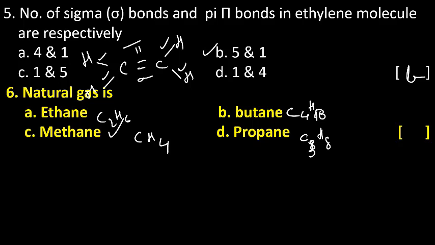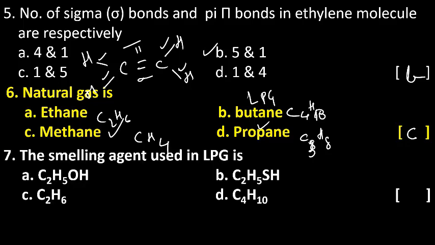So the correct option is C here. And of course, traces of ethane are also mixed with methane in natural gas, whereas butane is LPG. And in LPG traces of propane are also present. So in this question the correct option is C, that is methane.